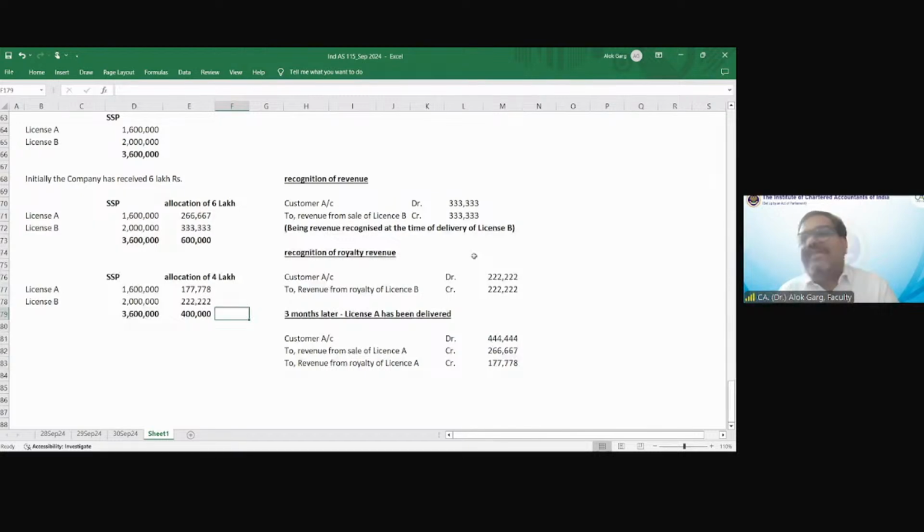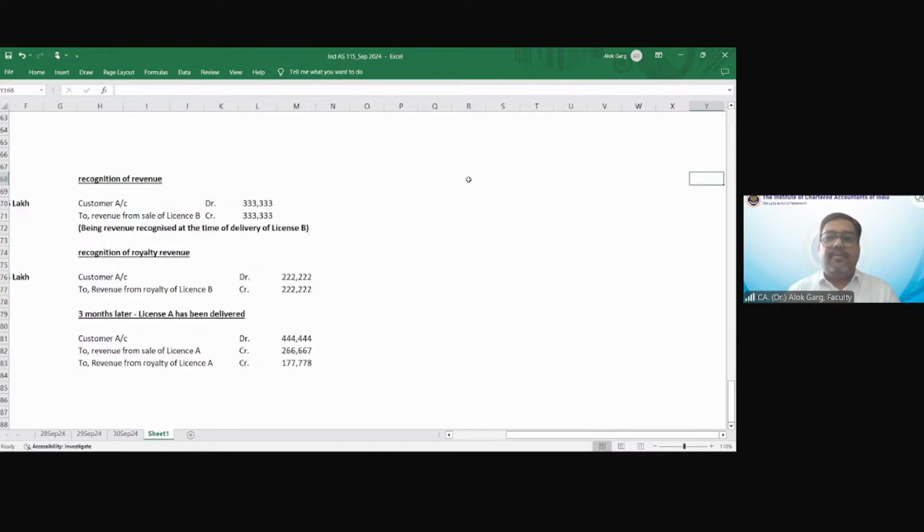If the cash sales will be there, then what will be the entry? Assuming the entity has received 6 lakh upfront and 4 lakh after 1 month.